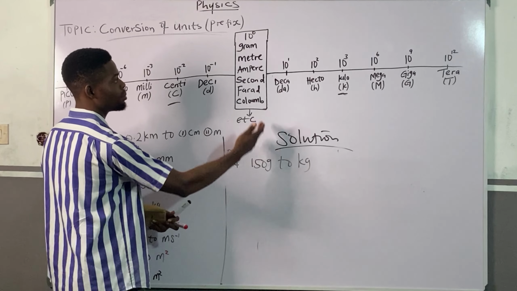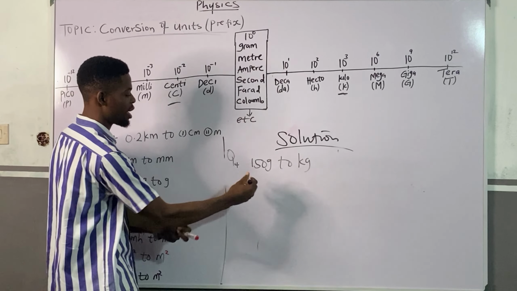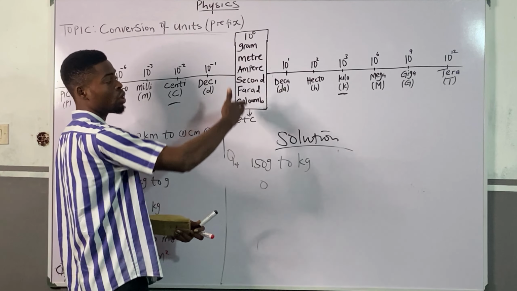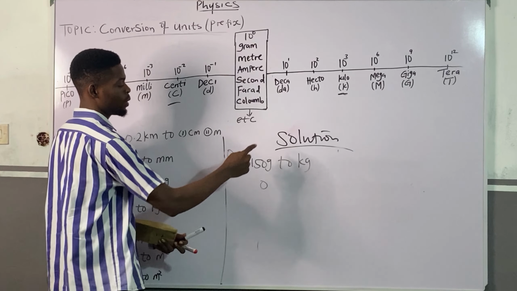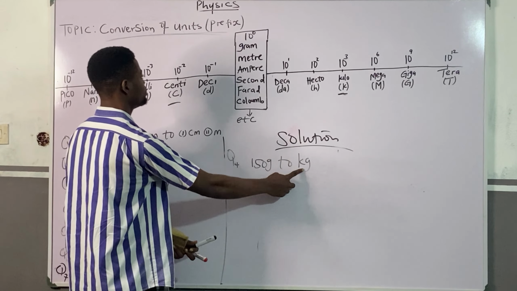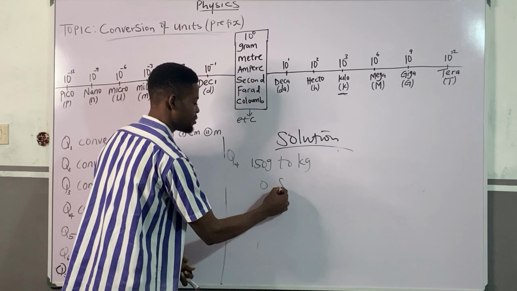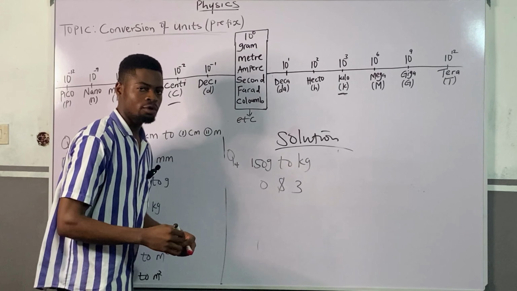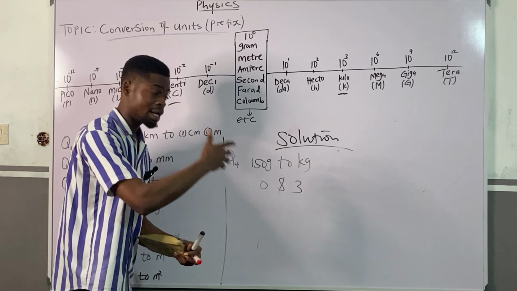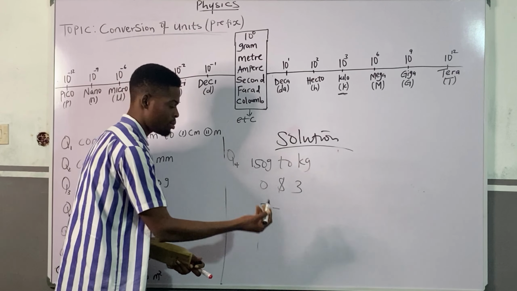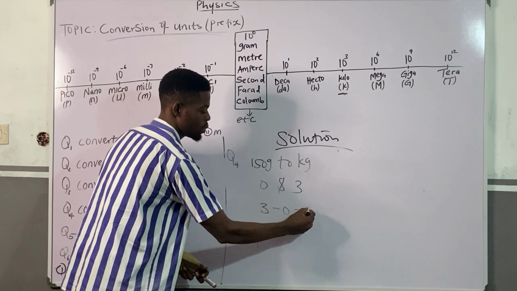Look at our gram here, it is one of the base units, so it has a power of 0. All the base units have a power of 0. Then the kilo here has a power of 3. So we have 0 and 3. Of course, we take the positive difference, that is the greater number between the two minus the lesser number, which is 0. So this is equal to 3.